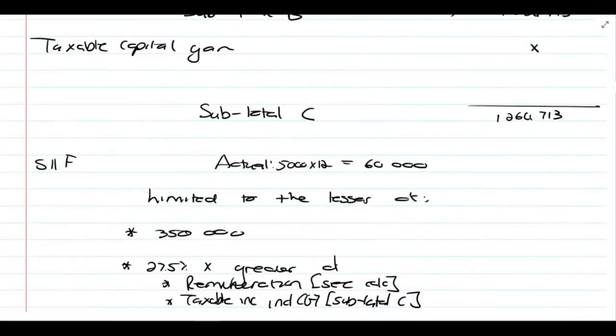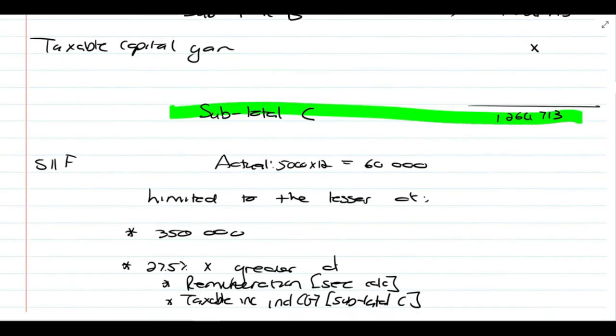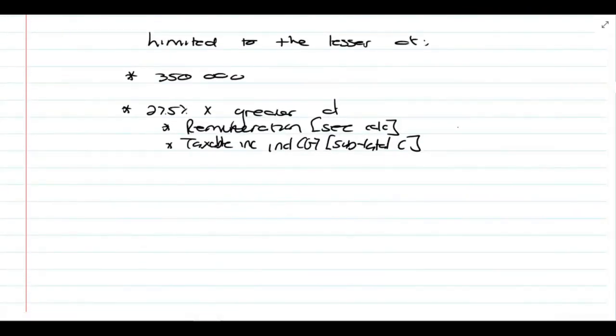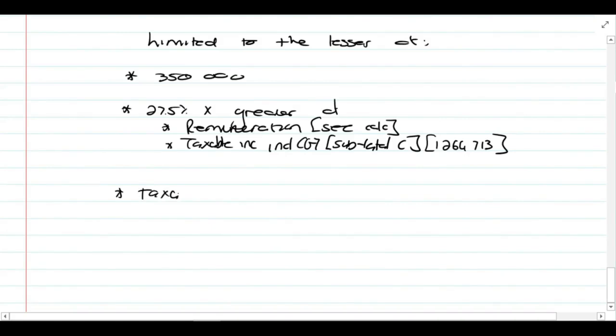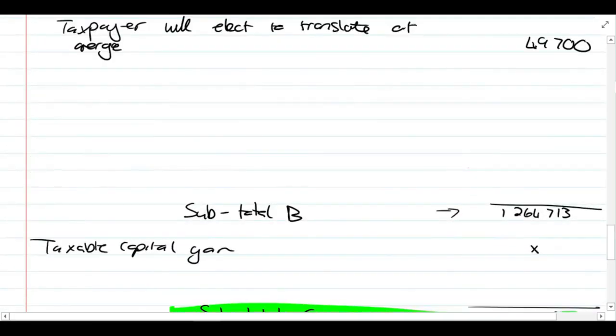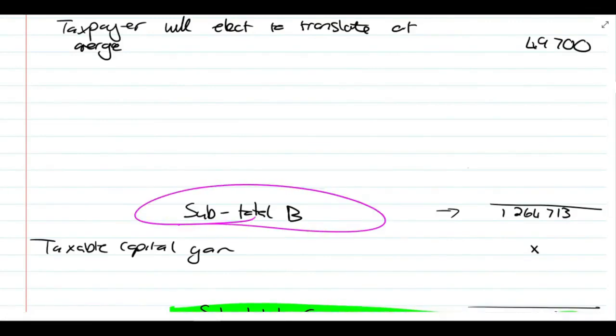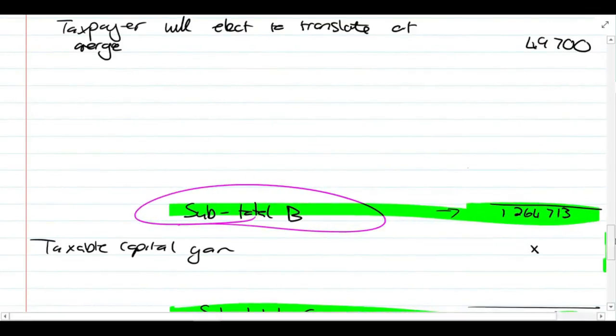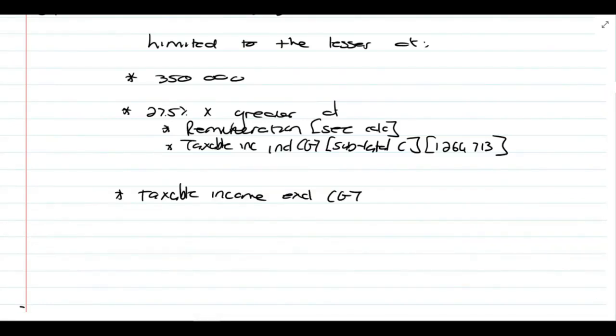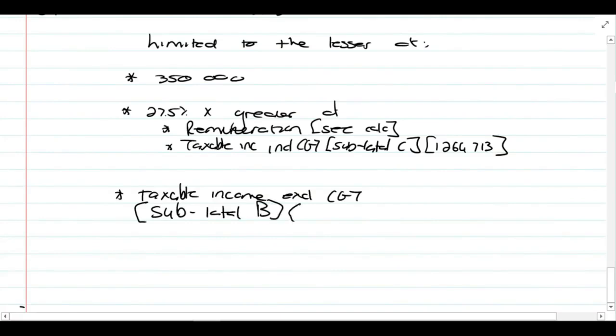What's that? 1, 2, 6, 4, 7, 1, 3. Okay, and then our last limit is the taxable income excluding CGT. So that is subtotal B over there. I know they're the same amounts in this case, A, B, and C, but remember the principle around it.